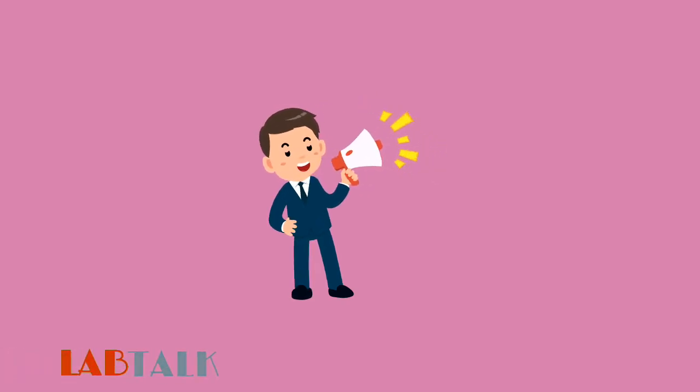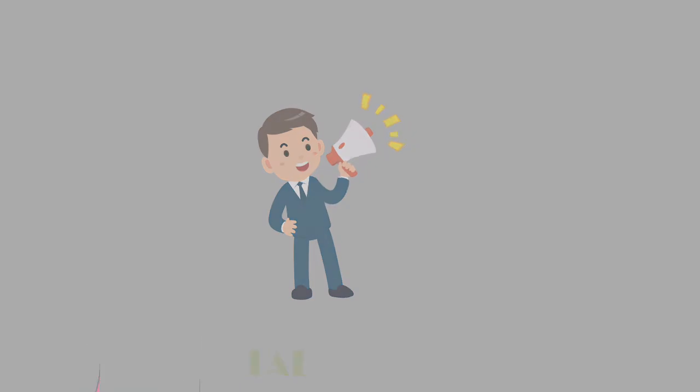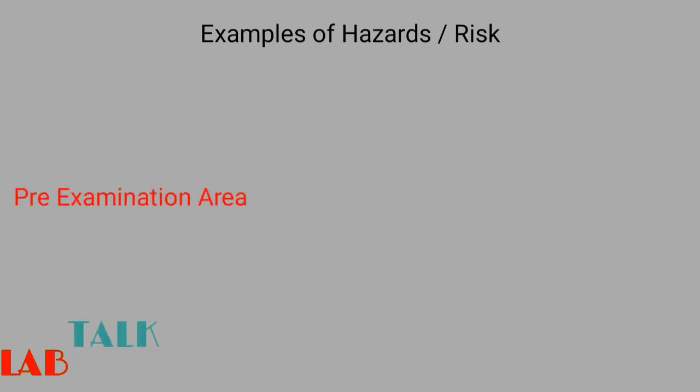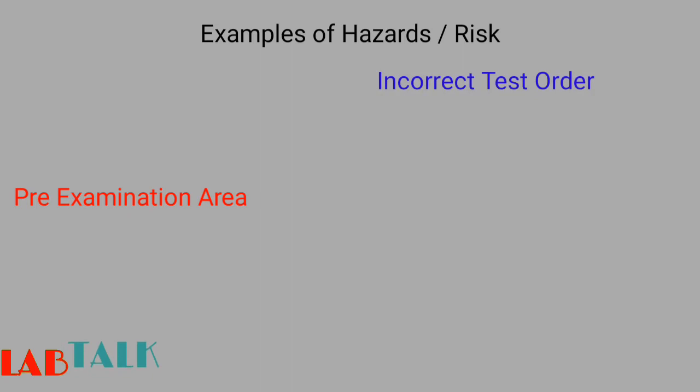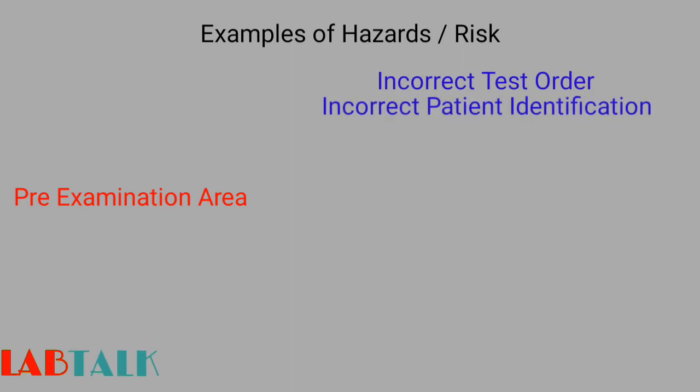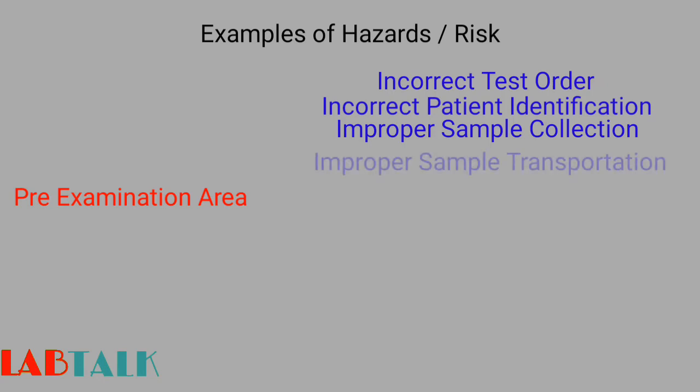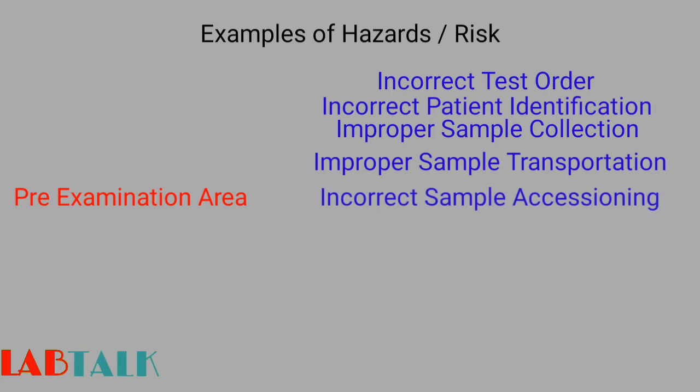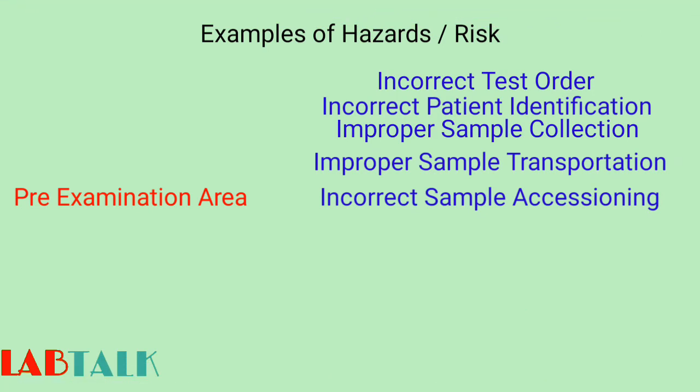Now, before concluding this video, I would like to give some examples of hazardous situations or hazards in the medical laboratory. In the pre-analytical or pre-examination area: incorrect test ordering by the clinician, incorrect patient identification by the phlebotomist or the ward nurse, risk of improper sample collection or use of improper technique while collecting samples, inappropriate transportation of samples, and sample accessioning by the technician can also be inappropriate and can be a part of the risk in laboratory processes.